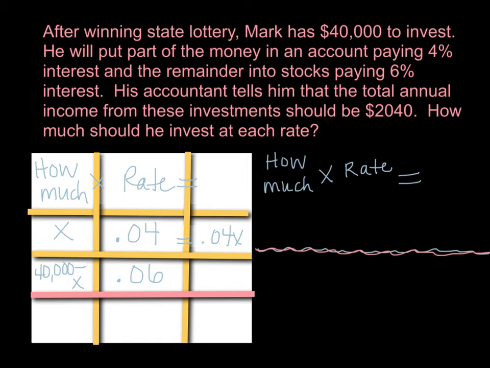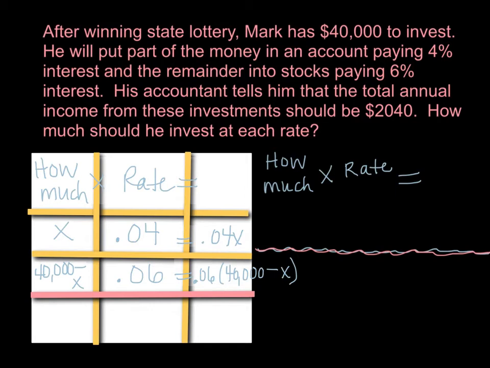And once again, if we multiply that across, we get 0.06 times 40,000 minus x. I ran off my box there. Now remember when I told you that this pink bar represents kind of the end-all be-all, what we want to get, the ultimate.